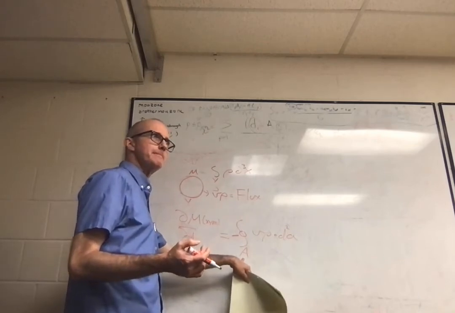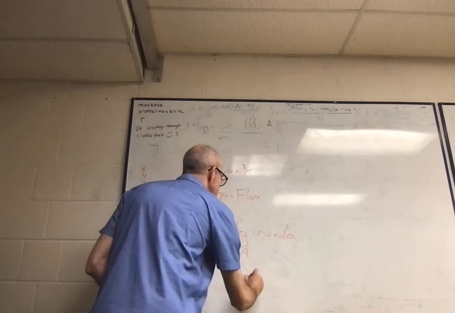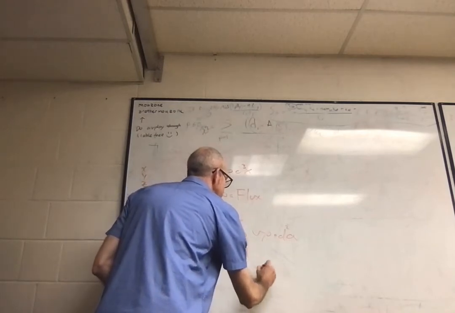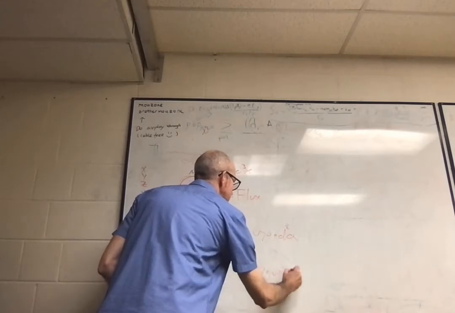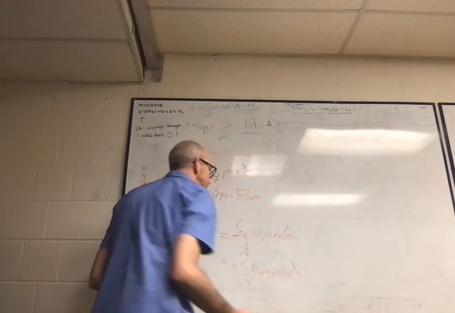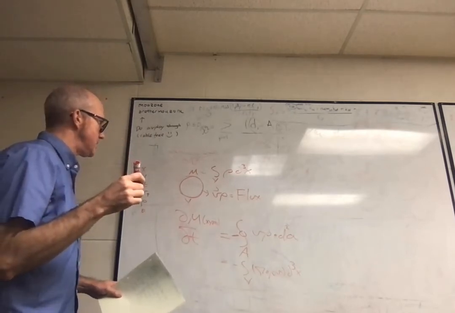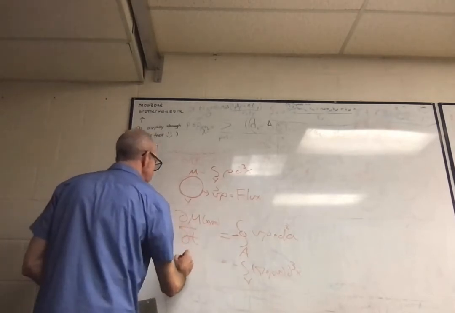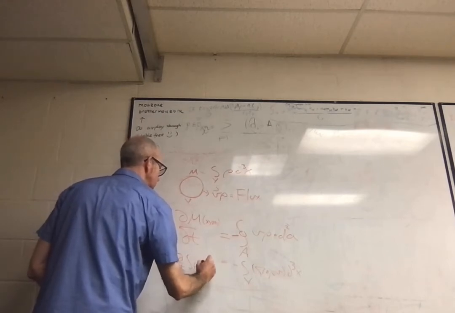Remember that? So this is equal to minus the integral over the volume of div rho v d cubed x. And on the other side, this is equal to partial t of the integral of rho d cubed x.